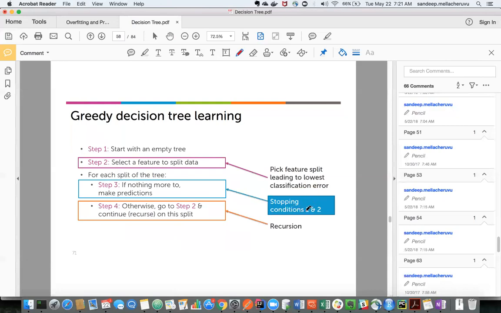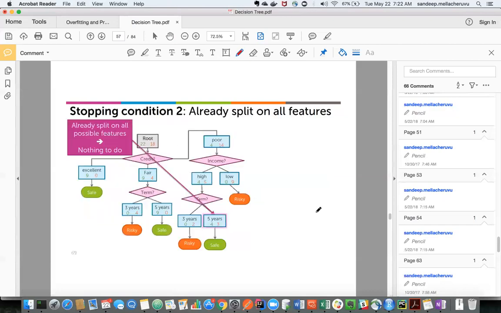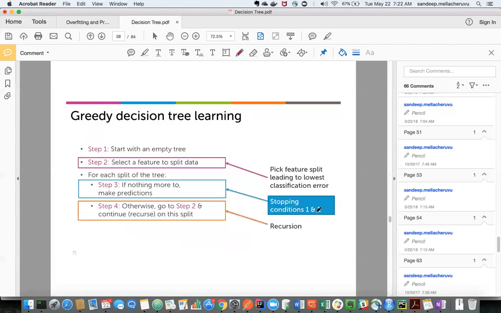Stopping condition 1 is when you have a pure node. Stopping condition 2 is when you have an impure node, but you have already used up all your features to split on. So with this, we know the entire learning aspect of decision tree.